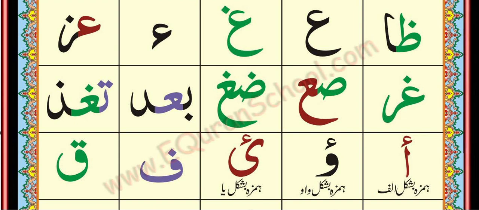If you remember these three shapes, inshallah you will not forget the shapes of Ain or Ghain. First this is the Ain shape, the second shape of Ain is this, the third shape of Ain is that one, and the fourth shape of Ain is that one.